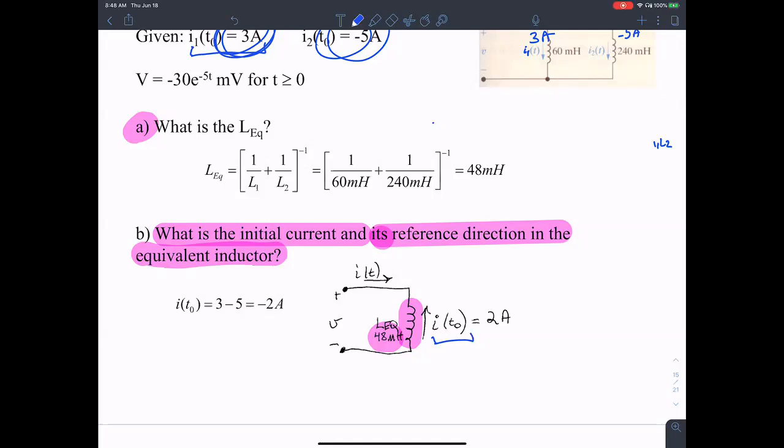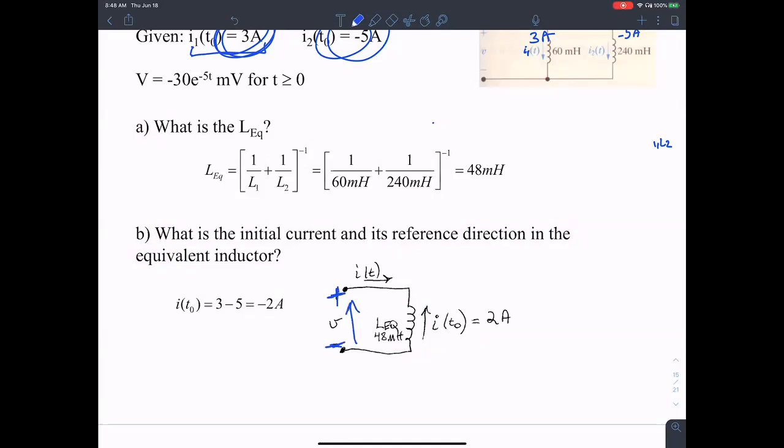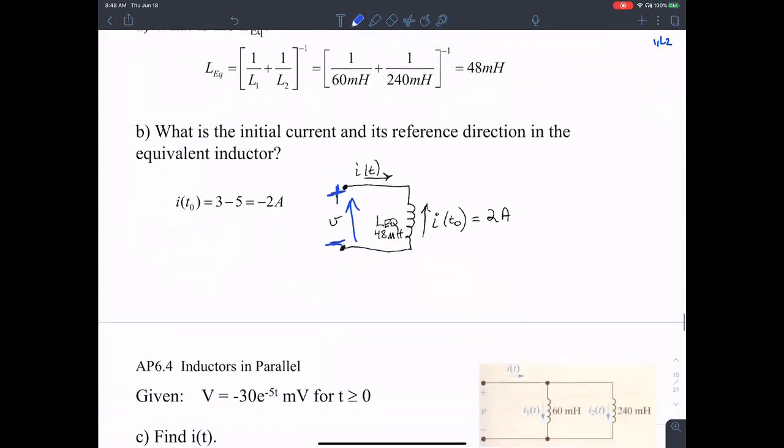To represent this negative sign, there's an inversion of the direction over there. The equivalent inductance is 48 millihenry, and the current is 2 amperes going upwards, because the voltage drop is set up in this direction. Negative 2 amperes is opposite to the passive sign, opposite to the polarity of the voltage, positive to negative.